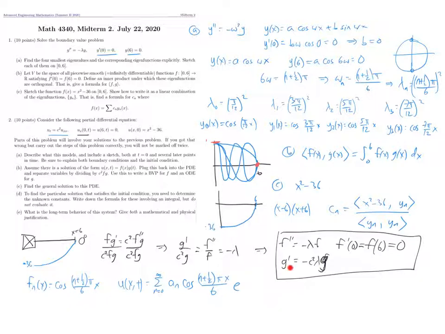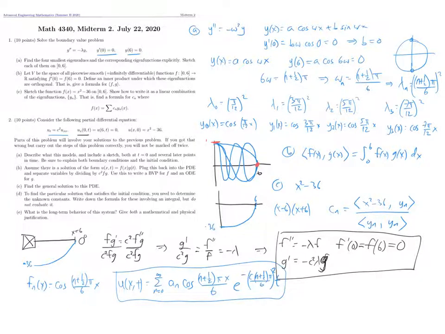The solution to this is going to be exponential decay, so that's going to be e to the negative c squared times lambda times t. So let's write that as c n plus 1/2 pi over 6 quantity squared t. So I stuck the c squared inside and just made it c. So this is our general solution.